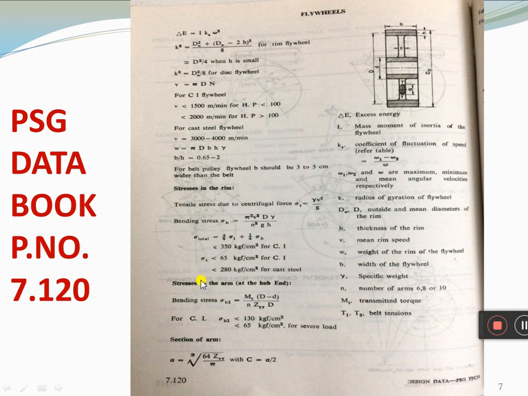So bending stress, and stresses in the arm at the hub end. The stress for cast iron, sigma b, is available. Then the section of arm, A equals cube root of 64 Z yy divided by pi. So the formulas are available, and Cs, the coefficient of fluctuation of speed, omega 1 minus omega 2 divided by omega. So all the formulas will be available. Based on the calculation, you can take the formula, substitute and find out the values.